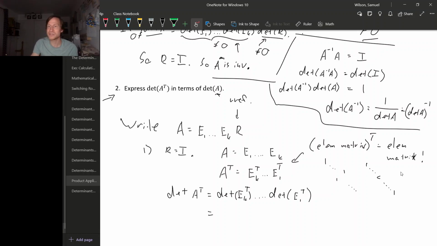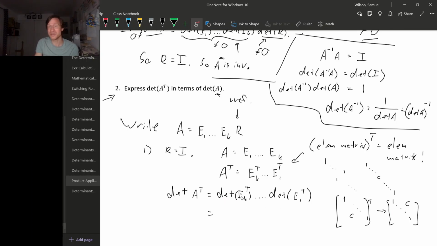And if you have a matrix that adds a multiple of a row to another row, then the transpose is like this. Instead of adding a multiple to a row below it, it adds a multiple to a row above it. But the key thing is these are still elementary matrices, and each of these has the same determinant as its transpose.